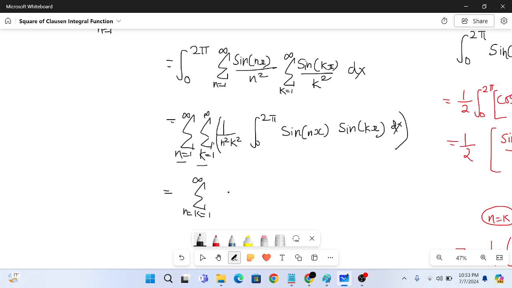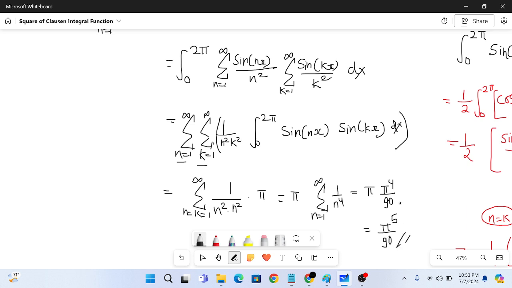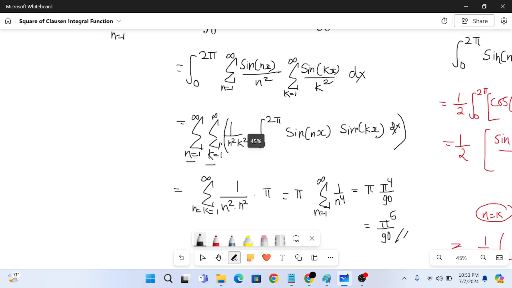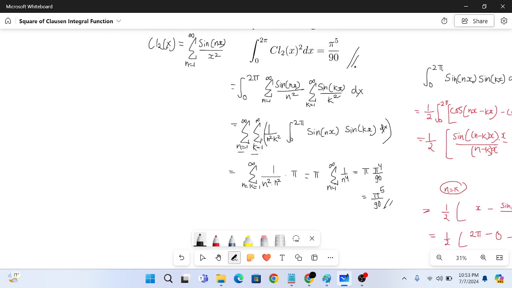Now this is just n square and also n square, and this integral will just be pi. So pi times the sum from n equals 1 to infinity of 1 by n to the power 4. And we know that the sum of 1 by n to the power 4 is just pi to the power 4 by 90. That's why the answer is pi to the power 5 by 90, and that is a pretty good answer. Okay, so we have solved this problem.